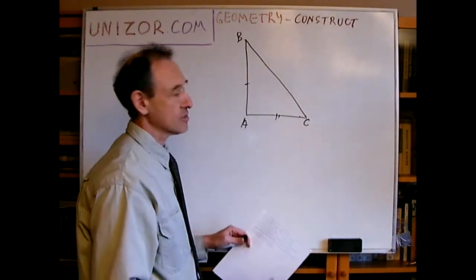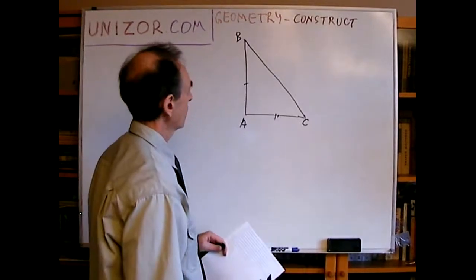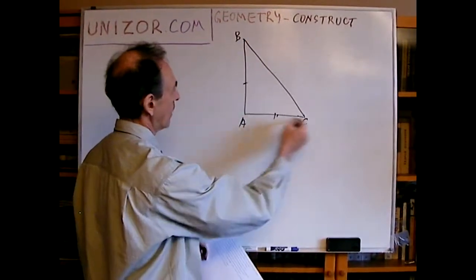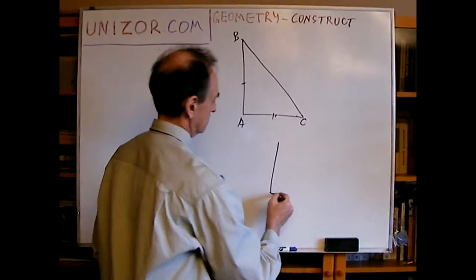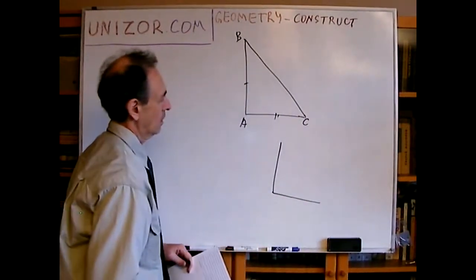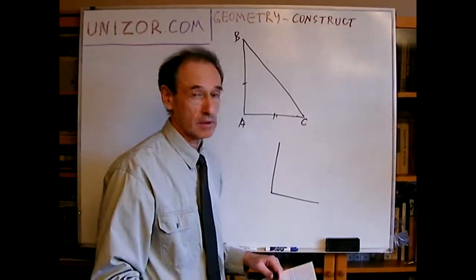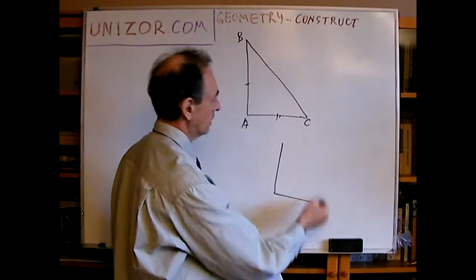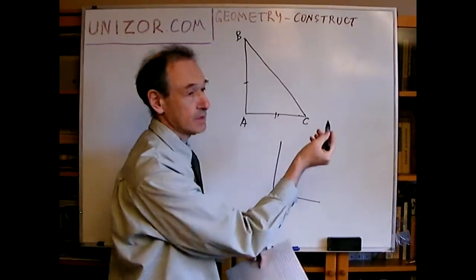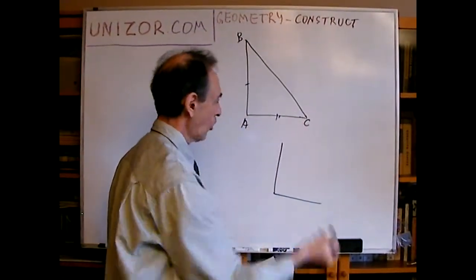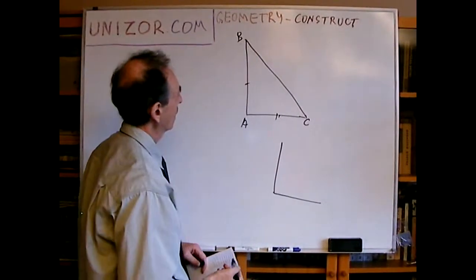So construction is very simple. You start with the right angle somewhere. Now, how to start with the right angle? Well, obviously start with a line and choose some kind of a point outside and drop a perpendicular to it.